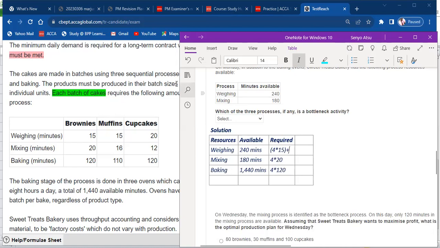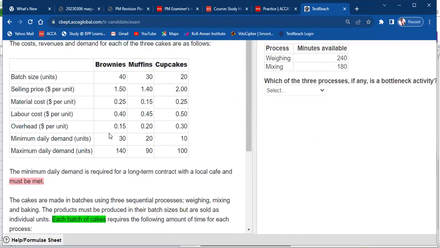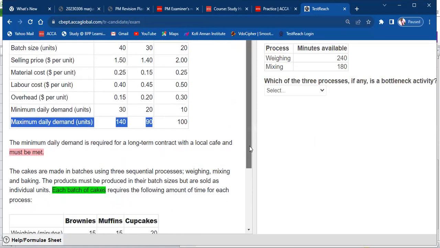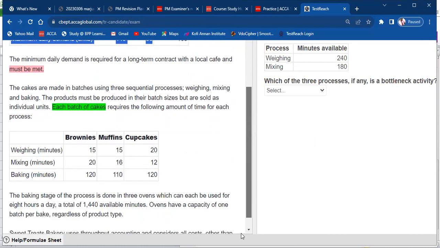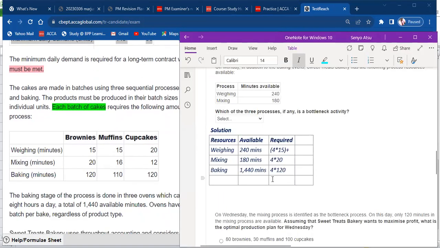In the weighing department or process, we also need to make muffins. How many batches of muffins are we going to make? Maximum 90, batch size 30. How many 30s are in 90? 3. So I'm going to do 3 batches times 15 minutes in weighing.